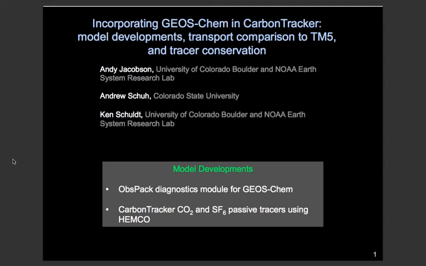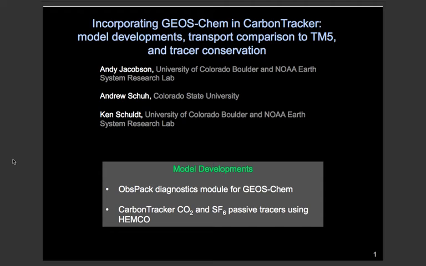I was able to write a diagnostics module to sample what we call OBSPACK. It's a way that NOAA has of packaging and distributing observations. It is something that is available, and we hope to get it into the code base and have it used by other people. So I work on CarbonTracker. That is an operational CO2 reanalysis system. Every year we release a new revision of our flux estimates, and what is known about inversions is that it's an under-constrained problem.